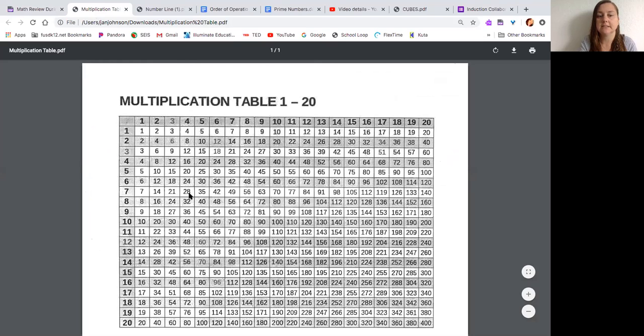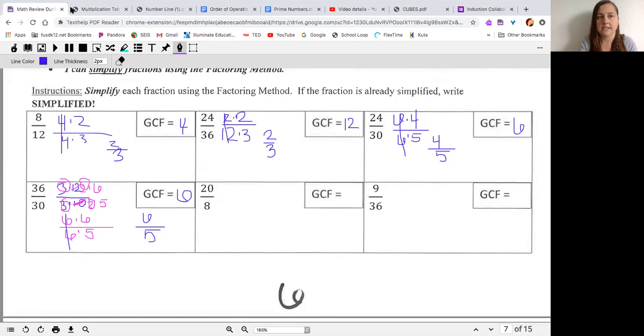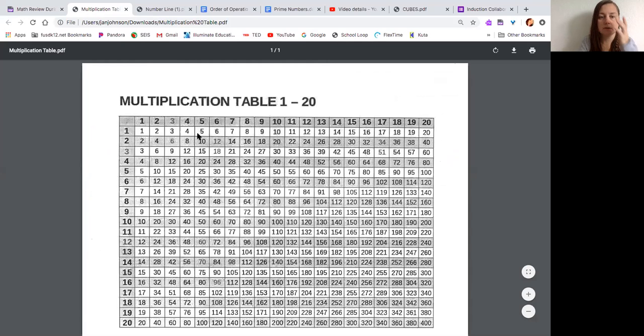And 4 times 2 is 8, right? And that's the only way we can get 8, right? 8 times 1, or you can do actually 2 times 2 times 2. But with 2 factors, 4 times 2 is 8.